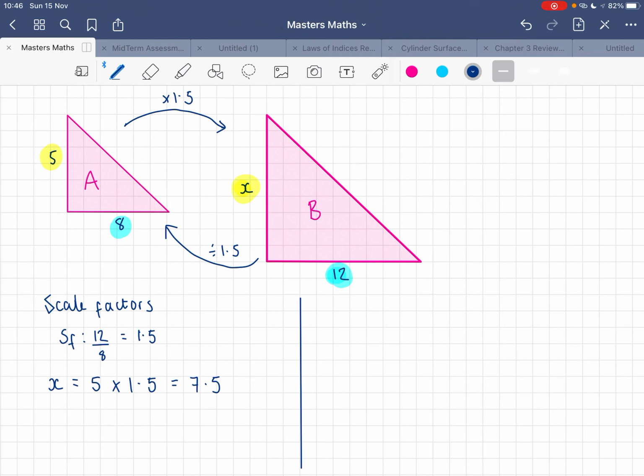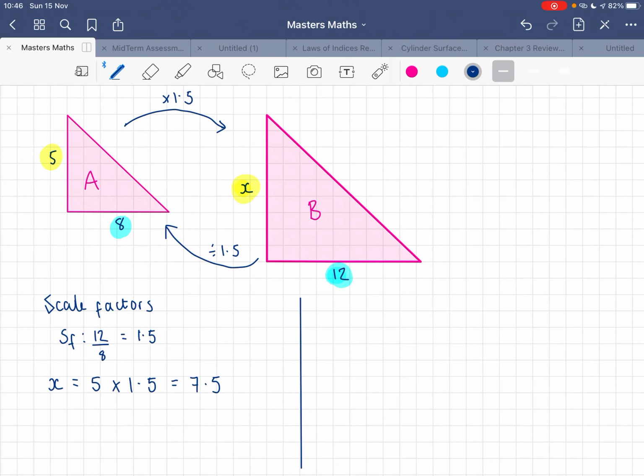The fraction way is still based on the idea of a scale factor, but if you divide the two blue sides, you will get the same answer as if you divide the two yellow sides, because the scale factor is the same each way. So it's using equivalent fractions and a little bit of algebra and rearranging to work out what x is.